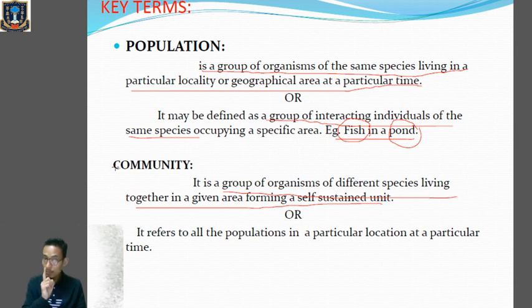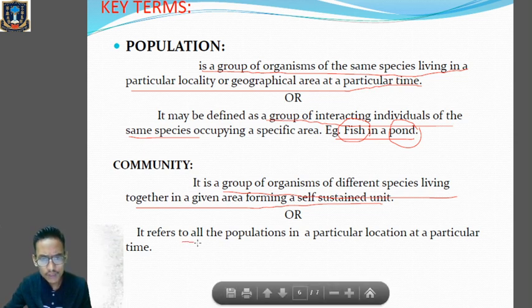When we talk about population, we are talking about the same species. But when we talk about community, we are talking about the group of organisms which belong to different species, different groups which occur together in a particular area. Therefore, community refers to all the populations in a particular location at a particular time.